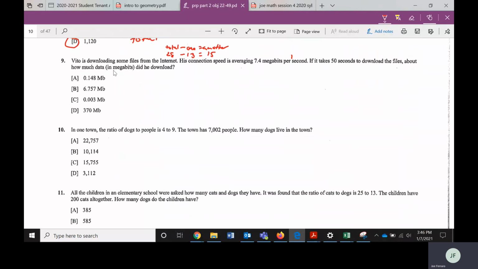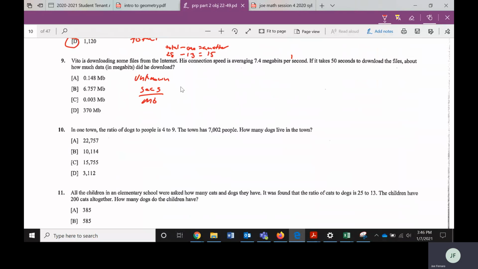About how much data in megabits did he download? So the unknown, if we look at the question, this would be the first thing you look at. It says 50 in the question. If it takes 50 seconds, how many megabits? So we're looking at seconds and megabits, and I'll use MB for the abbreviation.